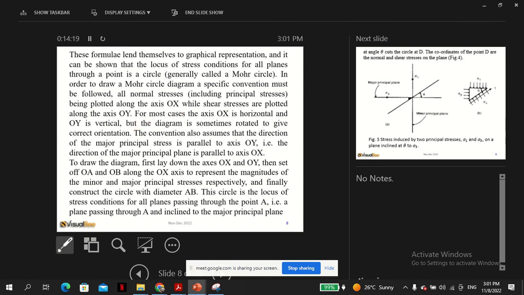For most cases the axis OX is horizontal and OY is vertical, almost 100% of the cases. Sometimes the diagram can be rotated, but typically they are vertical and horizontal forces. The diagram is sometimes rotated to give a correct orientation.